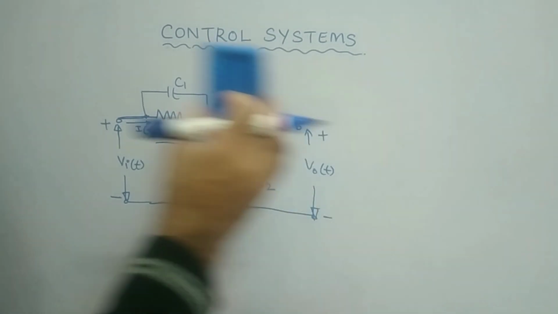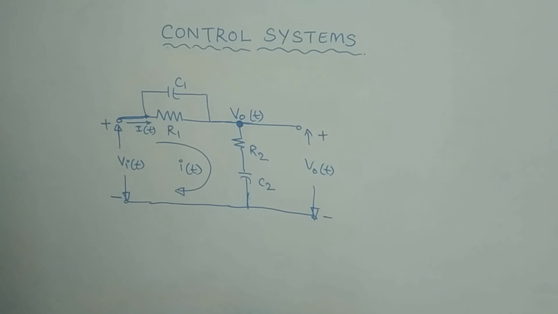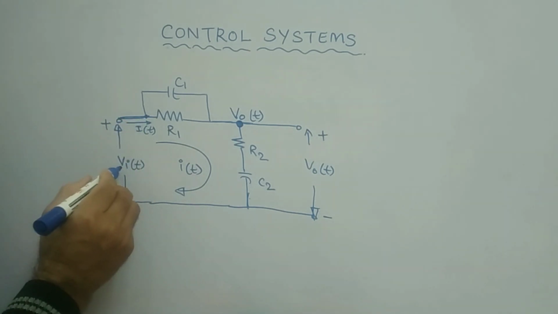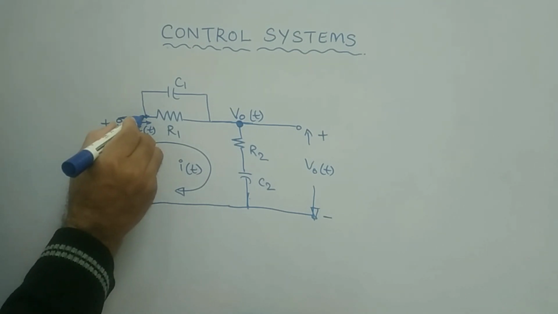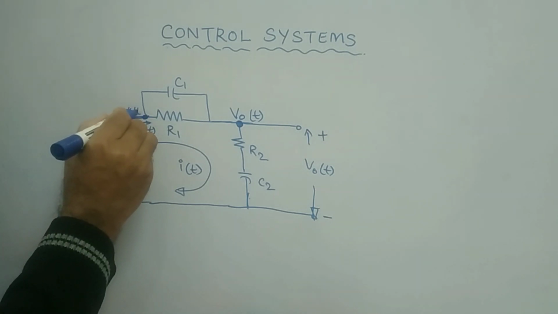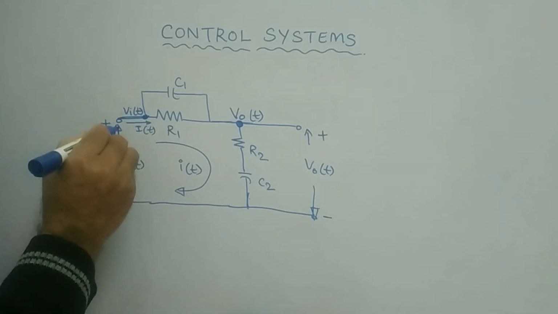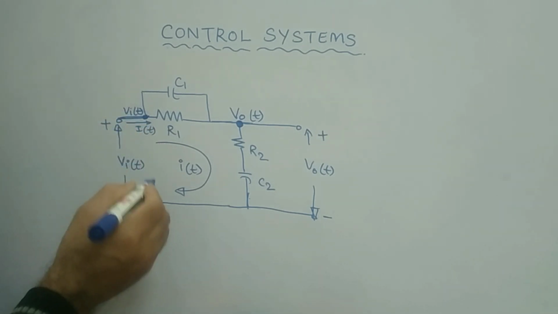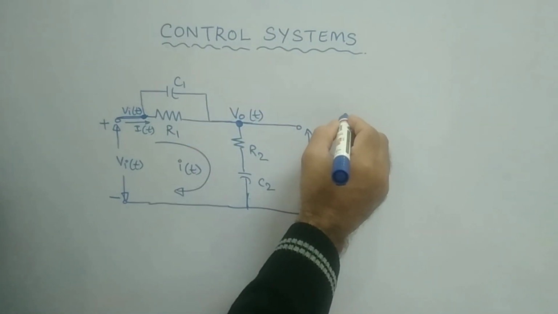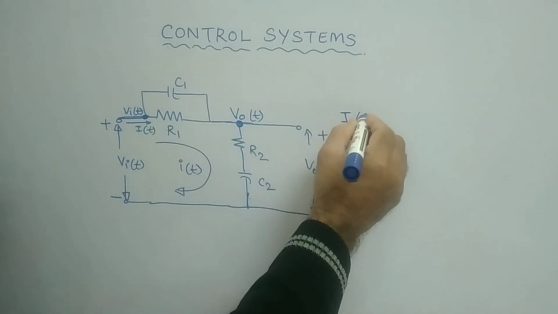Just remember that if you write the current expression I of t here, similarly this Vi of t is nothing but you can represent here also at this particular node. Vi of t will appear here, or otherwise you can write here, nothing wrong in this. So for this, you write the current expression I of t.